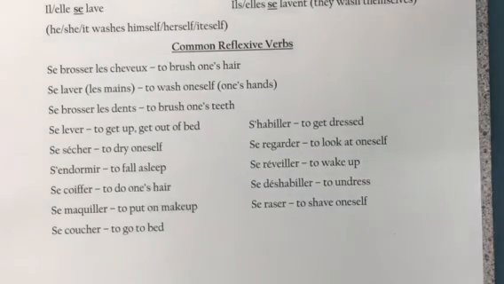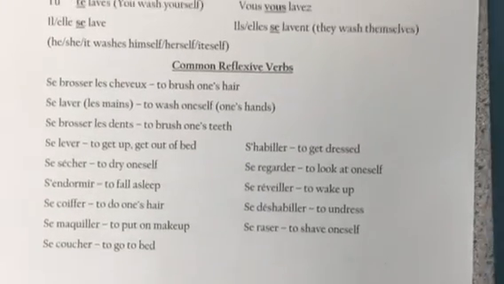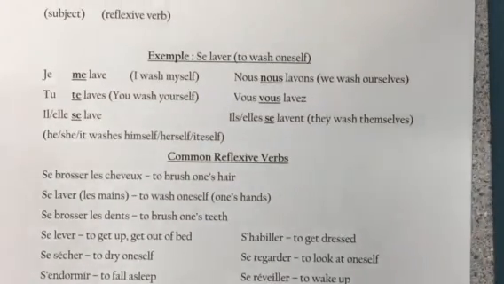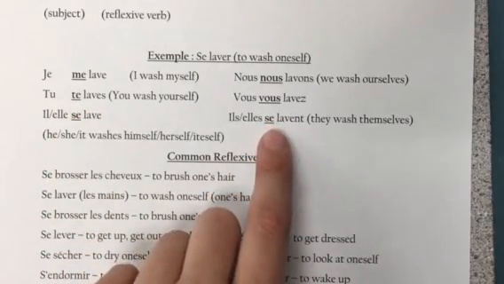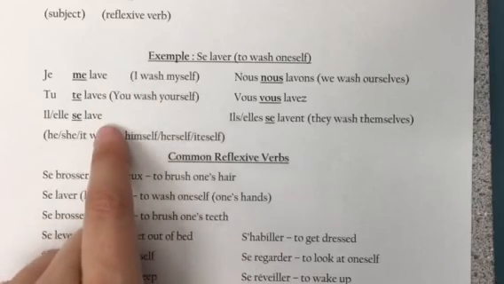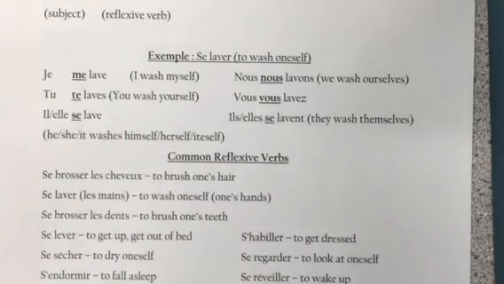So really quickly, just a reminder, as you probably could tell from the example above, I'm going to move up. You didn't just add the me, te, se, nous, vous, and se, right? You also conjugated your verb accordingly, okay? So it's not just a matter of, okay, it's a reflexive verb, I need to add my reflexive pronoun with it, but you also have to conjugate the verb.